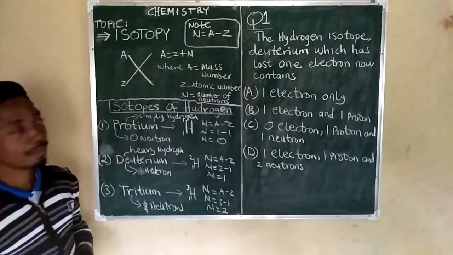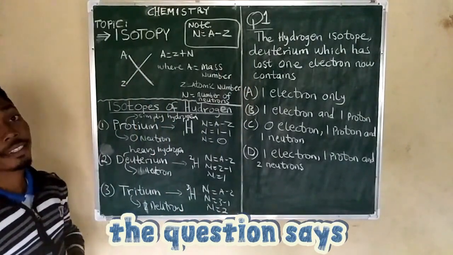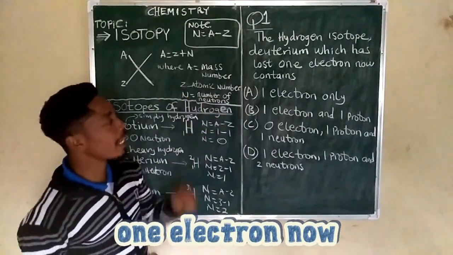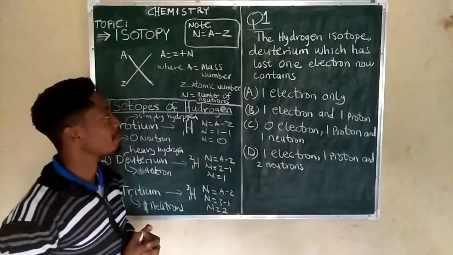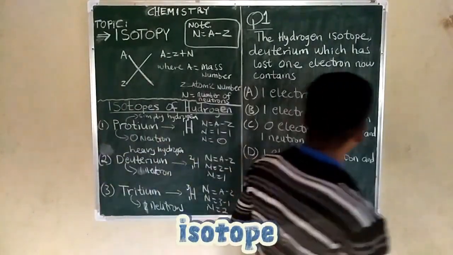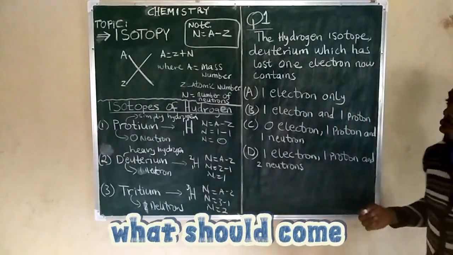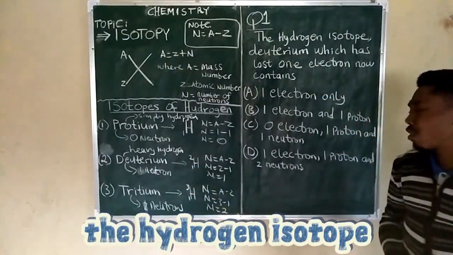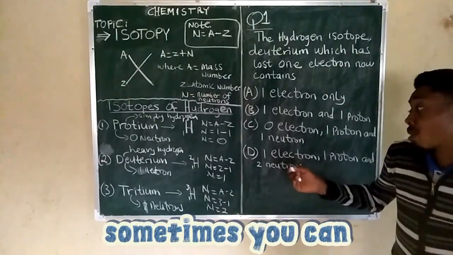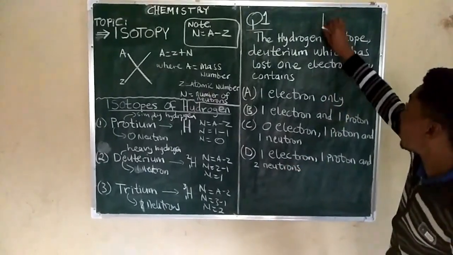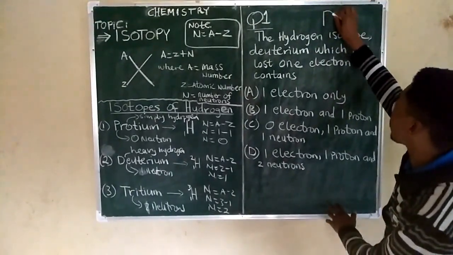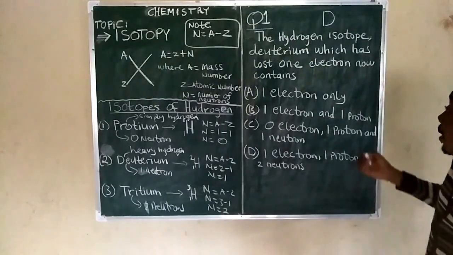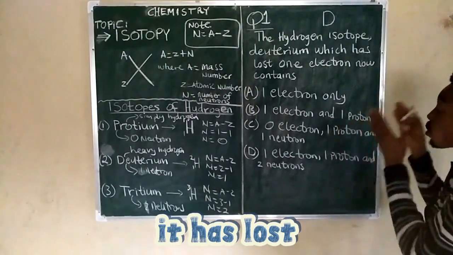Look at this question. The question says, the hydrogen isotope deuterium, which has lost 1 electron, now contains what? When we're talking about the hydrogen isotope deuterium, sometimes you can just represent it as D. It has lost 1 electron.